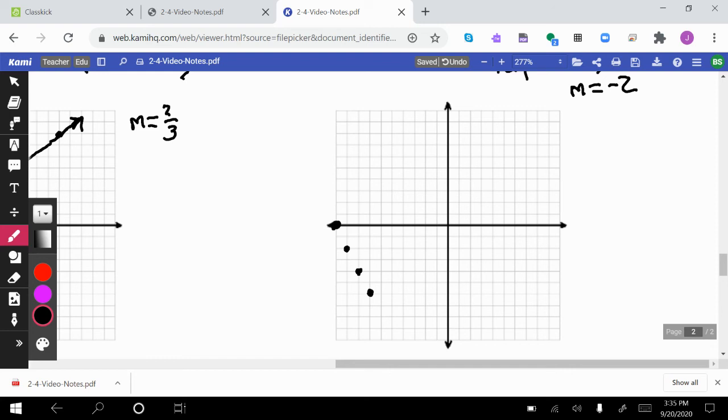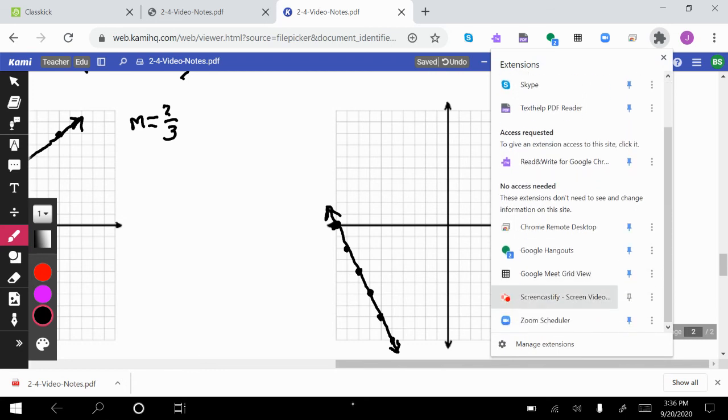And again, that comes from our slope of negative 2, which can also be written as negative 2 over 1. Okay, and then we're going to go down 2 over 1, down 2 over 1, connect the dots, give them arrows, and that's all she wrote, okay?